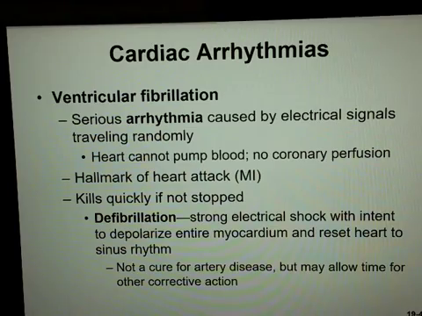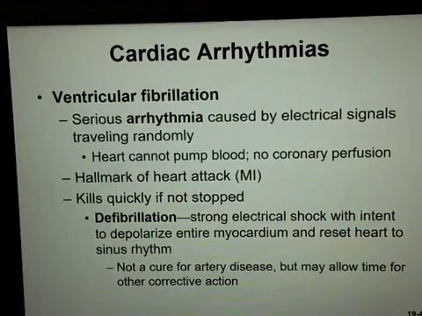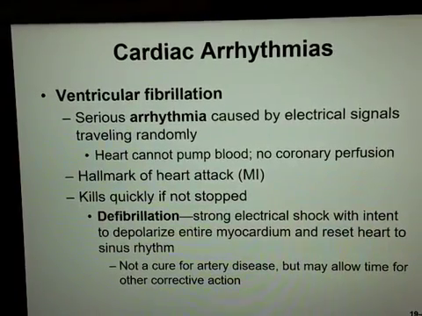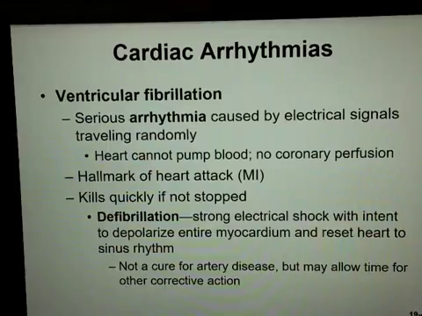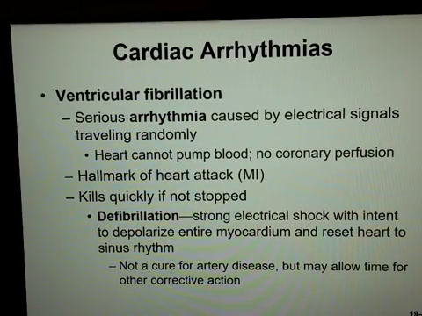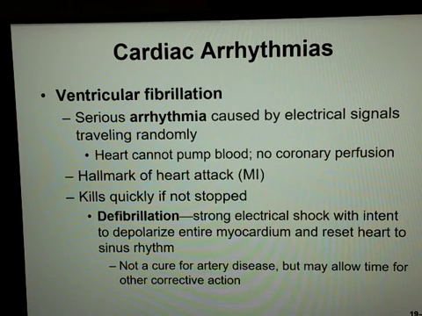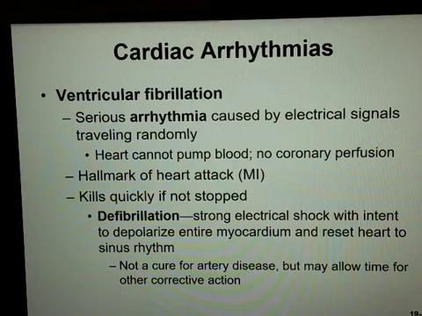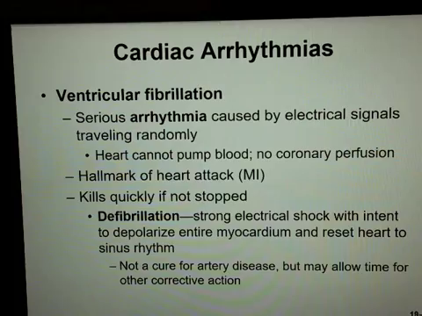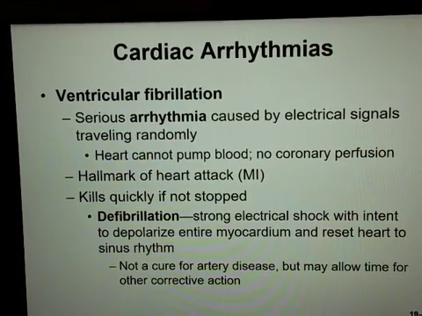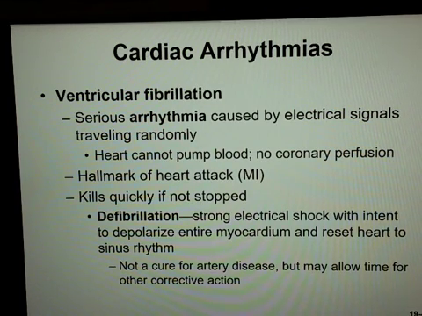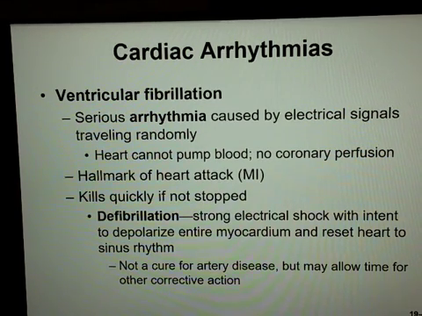Basically, those electrical signals are traveling very randomly, and therefore the heart is not going to contract normally. In other words, at the base of the heart where that twisting motion is going to start, that's not where the twisting motion starts. It's usually indicative of a heart attack. And if the heart is not brought back into its normal rhythm very quickly, it can lead to death.